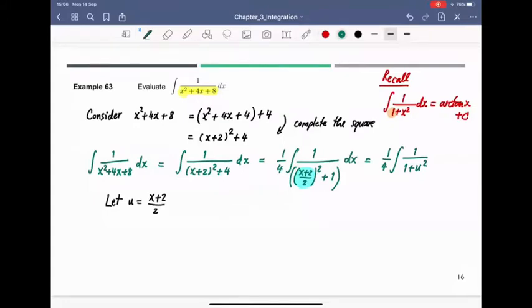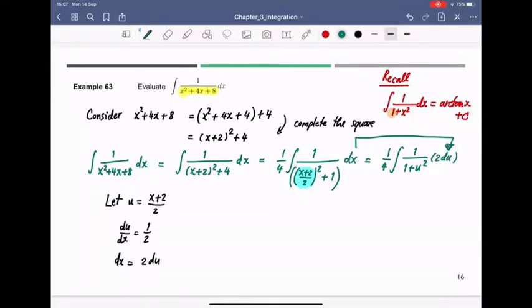Because I do this substitution, what is my dx? I differentiate u with respect to x. I get 1/2, which means my dx is going to be 2 du. Sounds good? That means I can replace my dx by 2 du.